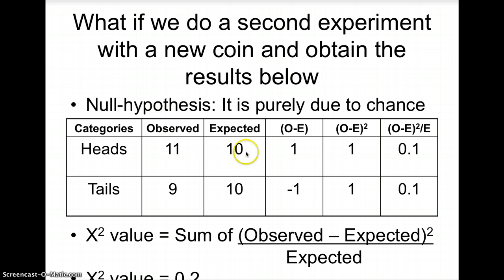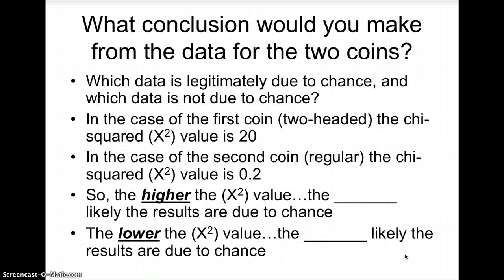So 11 minus 10 is 1, 9 minus 10 is negative 1. Square those values and divide the squared value by the expected value. So 1 divided by 10 is 0.1, and 1 divided by 10 is 0.1. We then add up these values, so our chi-squared value is 0.1 plus 0.1, giving us a chi-squared value of 0.2.